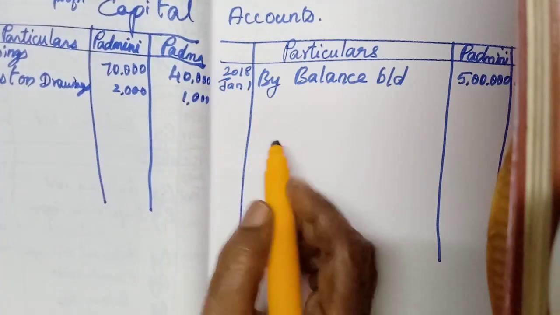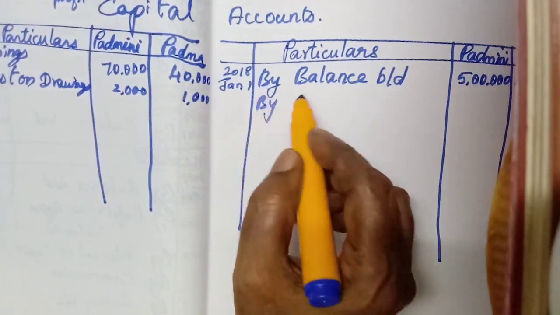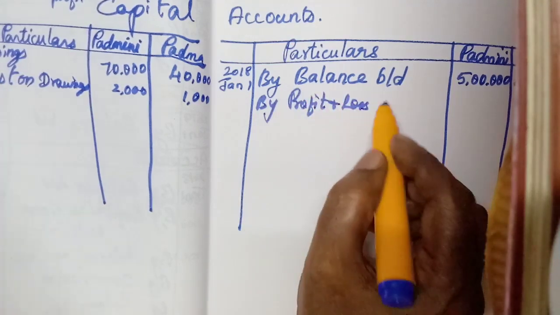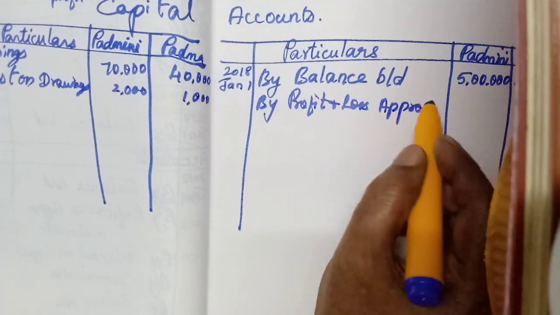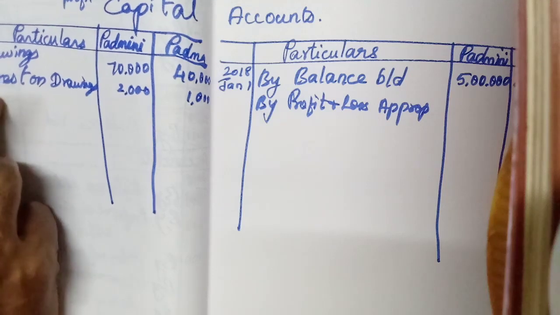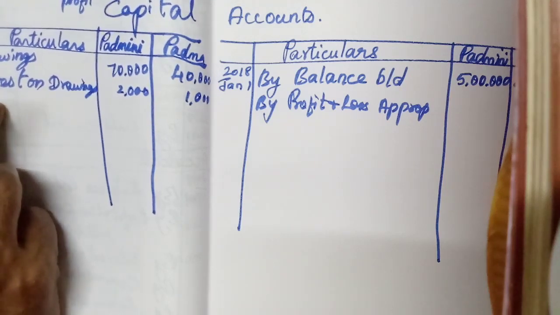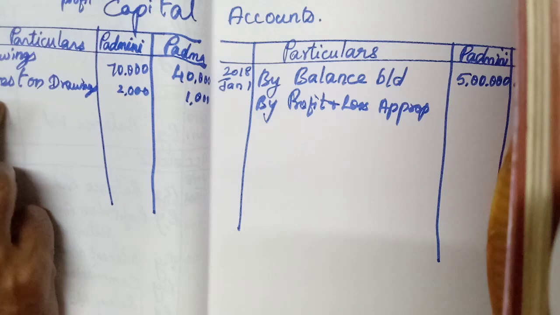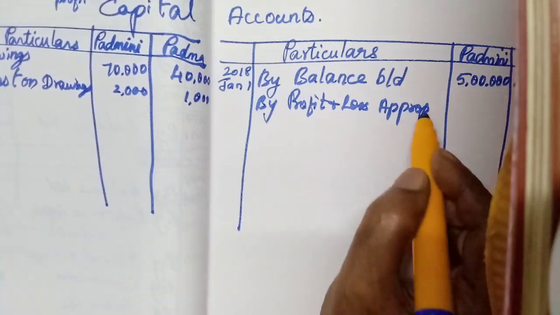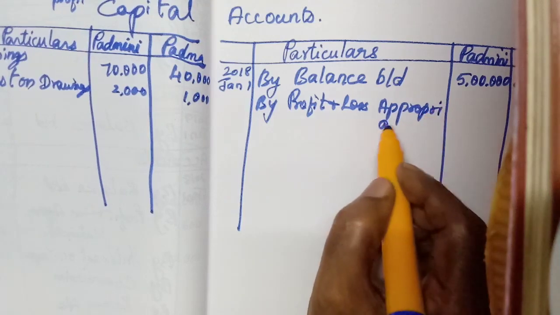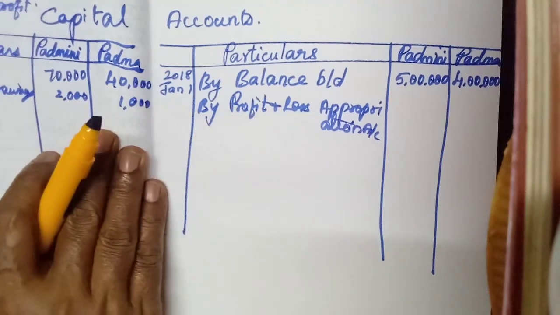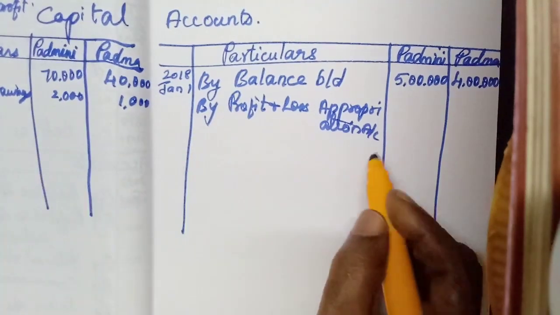Then share of profit. We have to write on the credit side by profit and loss appropriation account. In both the columns we have to write the amount, 52,000, 40,000.